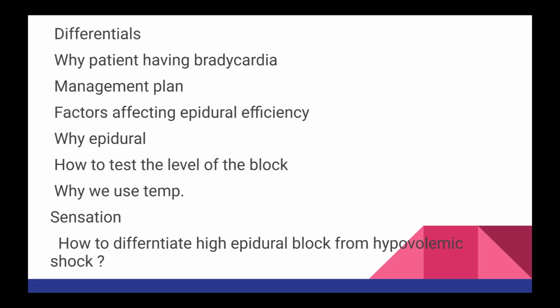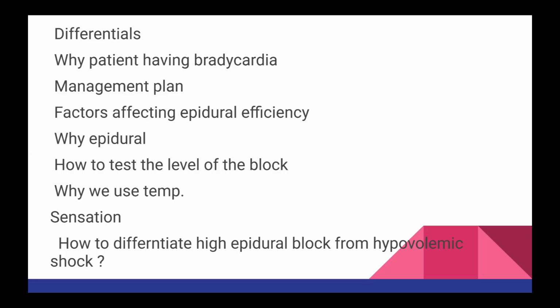And it can be a hypotension. There can be a hypotension, but since the patient is having bradycardia, it is ruled out. And if the epidural analgesia is given higher up, that can also lead to the decreased respiratory rate.